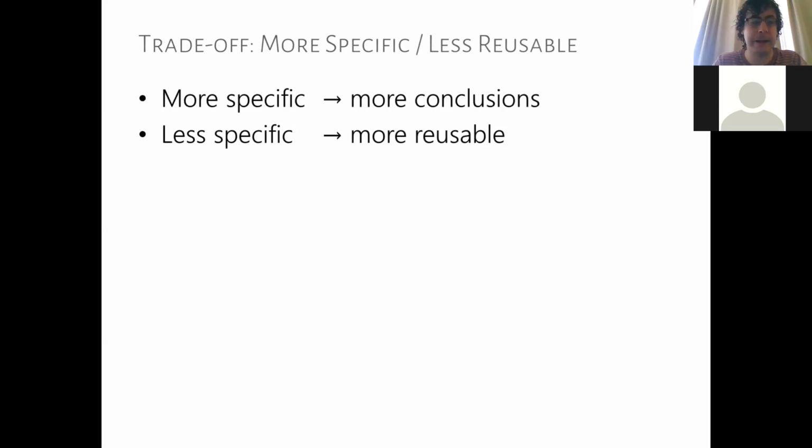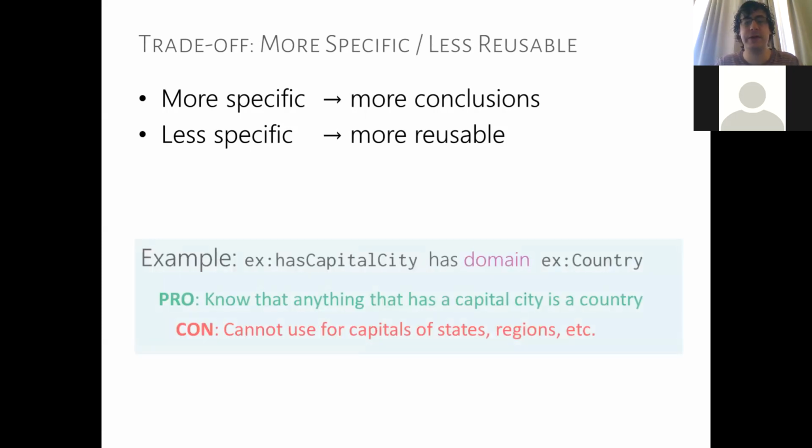Okay. So we somehow want to strike a balance between these two worlds. Sometimes we might be more specific, knowing that it will reduce the amount of reuse that we can have of the term. Other times we might want to not be specific at all, even if it seems we could define some semantics, because we want broad reuse.